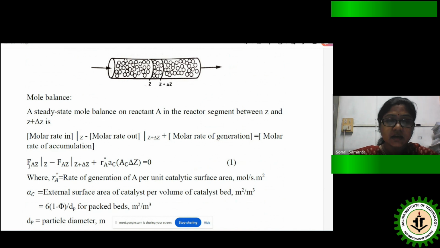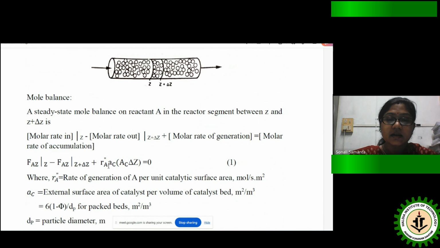So that is in minus out plus generation. Though it is called generation, actually it is not a generation of A, it is the decomposition of A, and generation is with respect to product. Whatever A is getting decomposed will be converted to the product.